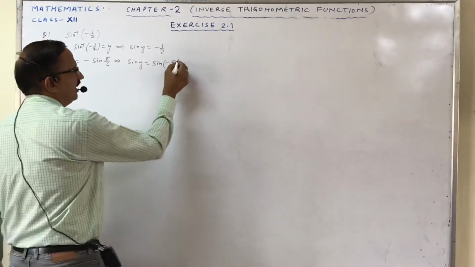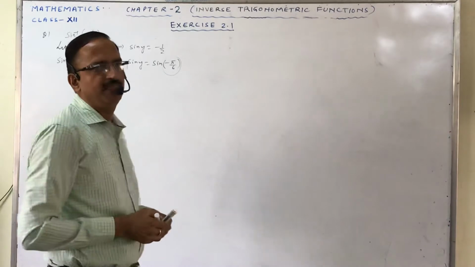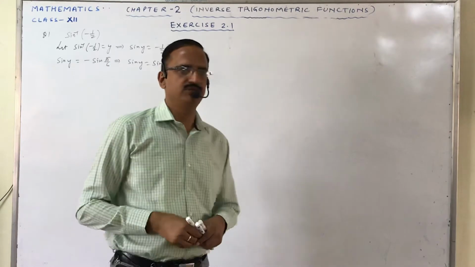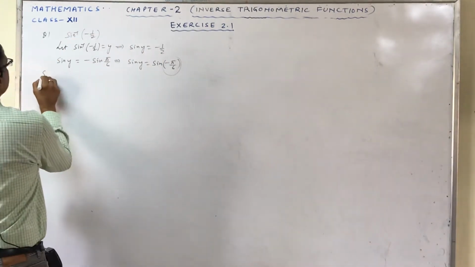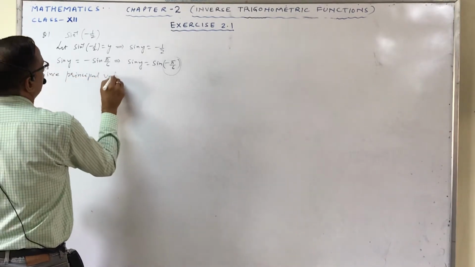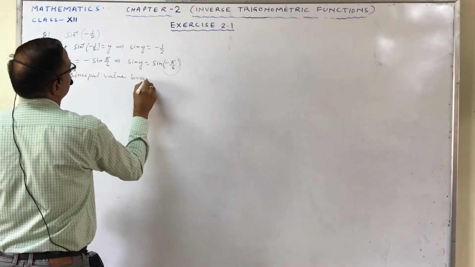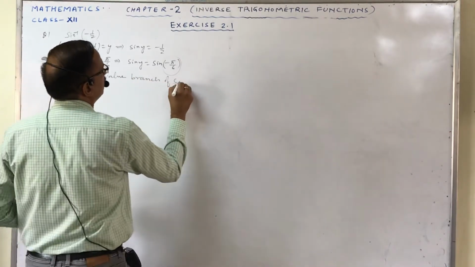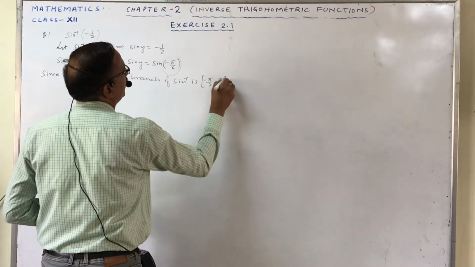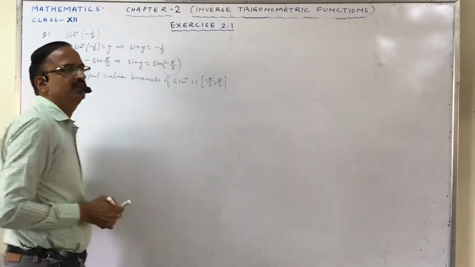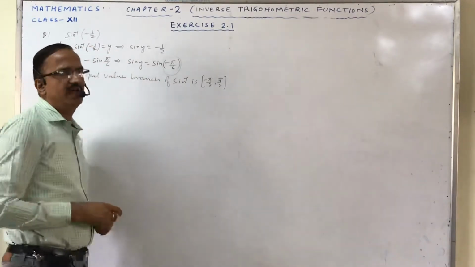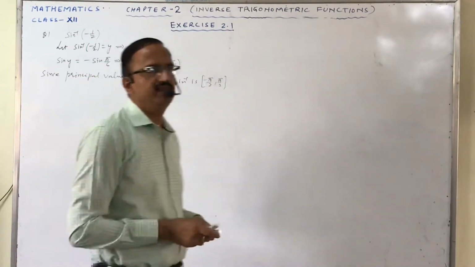Now, this value lies in the principal value branch of sine inverse, that is minus pi by 2 to pi by 2. So we can write, since the principal value branch of sine inverse is minus pi by 2 to pi by 2, and this value lies in this branch, we can say that this is the principal value of the given function.